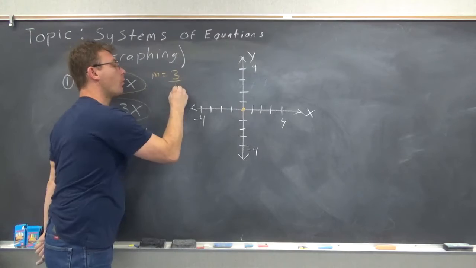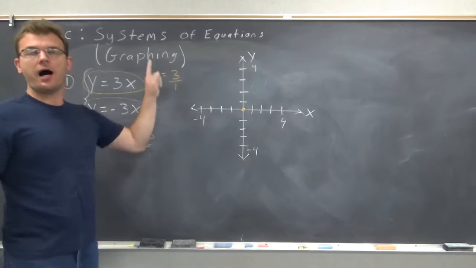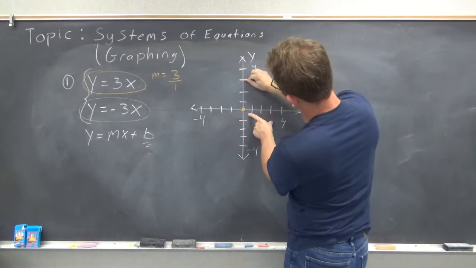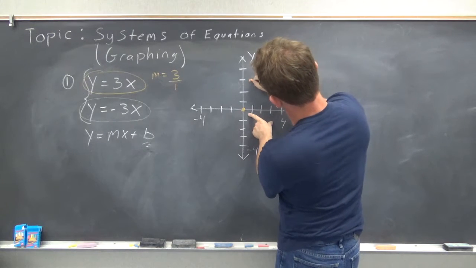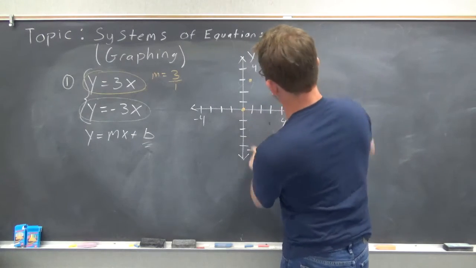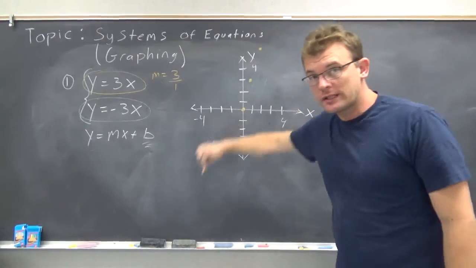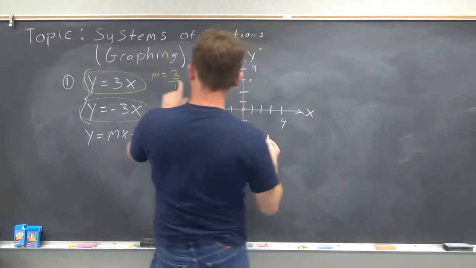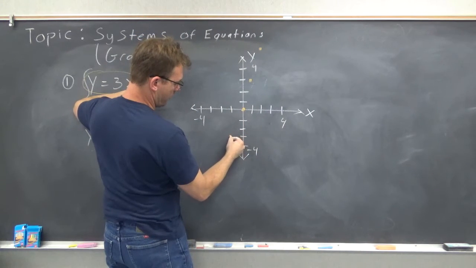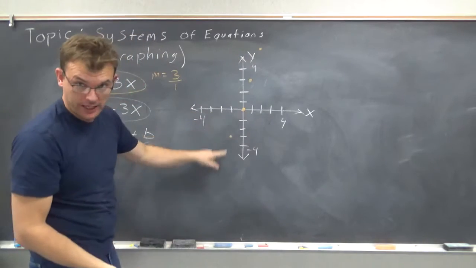Remember, 3 over 1. It's going in the positive direction. So we're going to go 1, 2, 3 over 1. And remember, you can also go down the other way. 1, 2, 3 over 1.